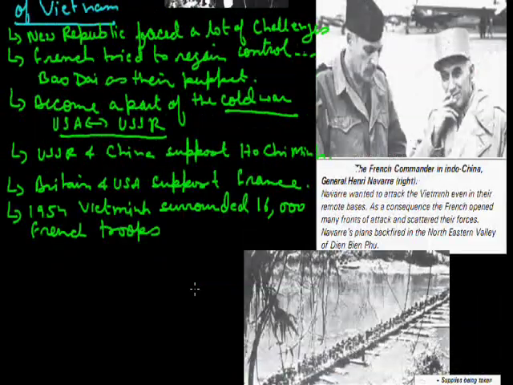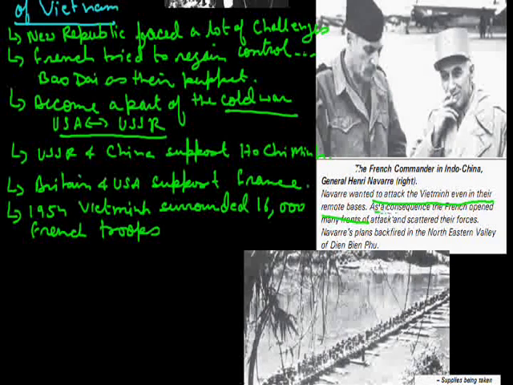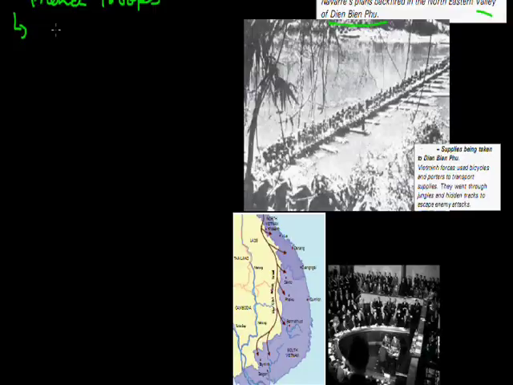As you can see here in this picture also, the French commander in Indo-China, General Henri Navarre. Navarre wanted to attack Vietnam even in their remote bases. As a consequence, the French opened many fronts of attack in Vietnam and scattered their forces across the whole Indo-China area. Navarre's plan backfired in the northeastern valley of Dien Bien Phu.